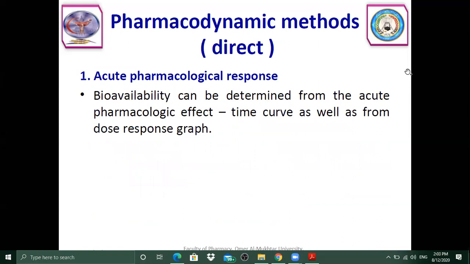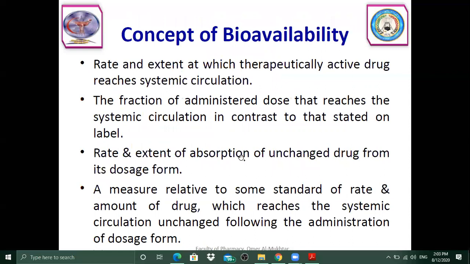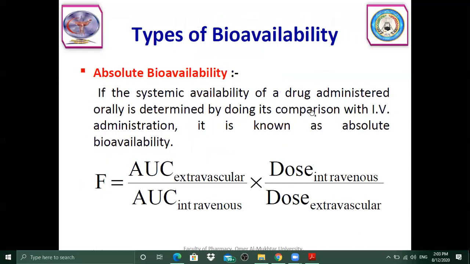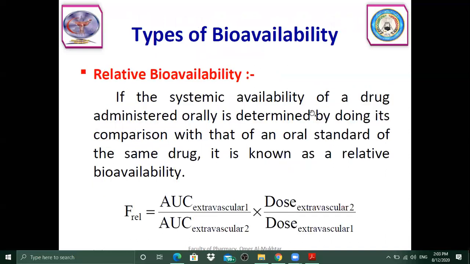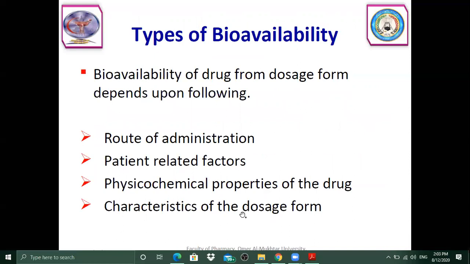Then the pharmacodynamic method, I think we can talk about it a little in the next lecture because we have only 3 minutes left. Are there any doubts over here? So we have learned why we do bioavailability studies, what the two types of bioavailability studies are, and what the different factors are on which the bioavailability depends.